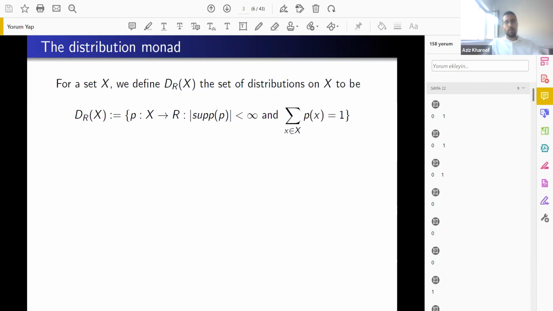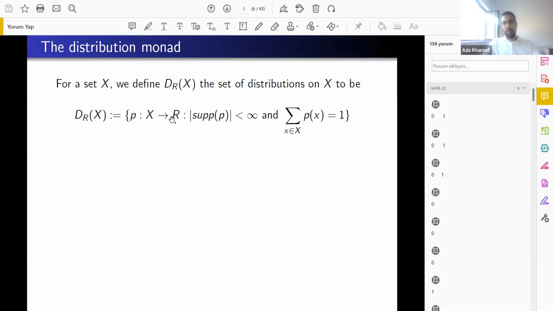So let me tell you what the distribution monad is. If we have a set X, we have the set of all distributions on X. This means a distribution on X is a map from X to R, giving for every element of X a value in R. Now, what is R?